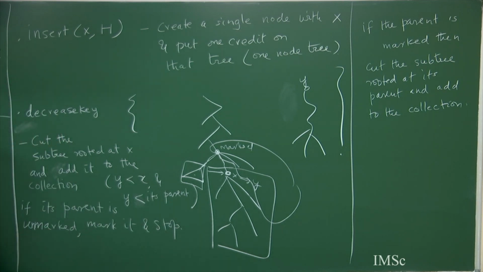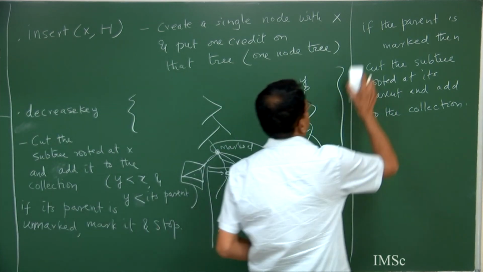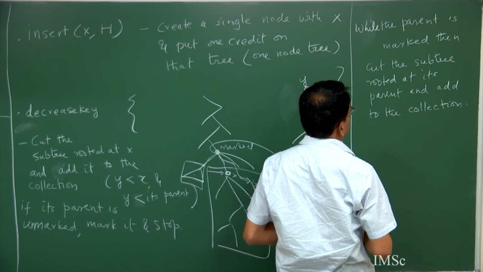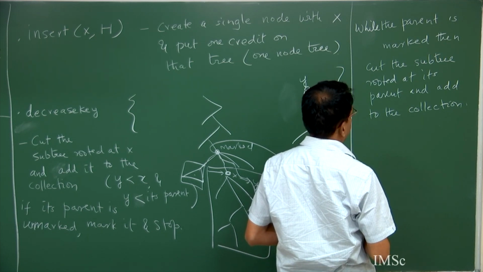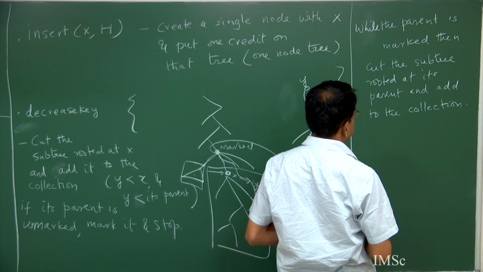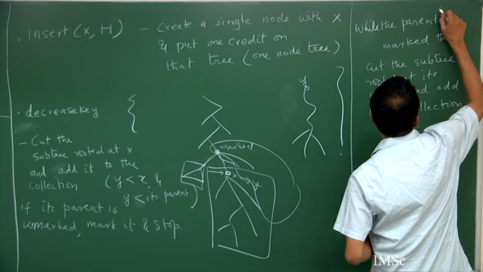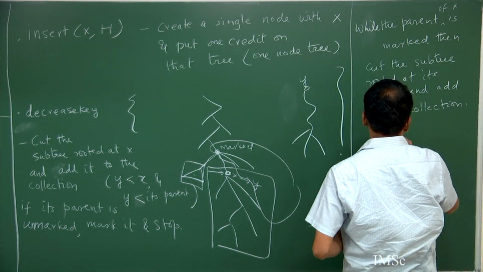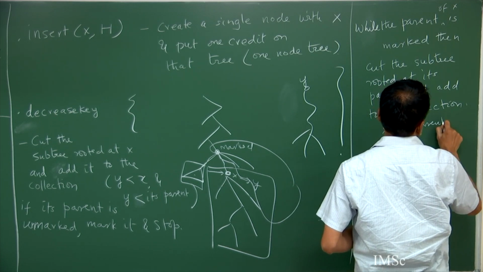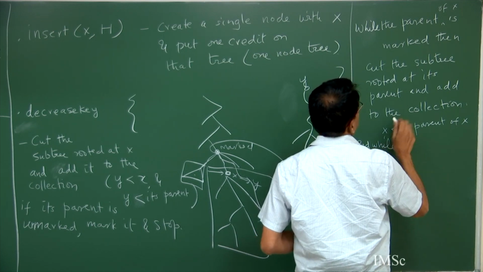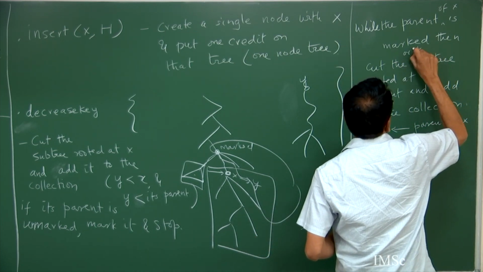So actually, instead of if, maybe I will say while the parent is marked, cut the parent of this x which you deleted, and now x becomes the parent of x, and you have this while, end while. Or it is a root.